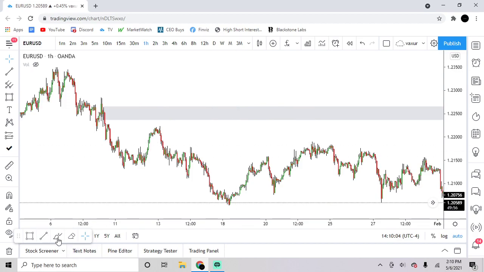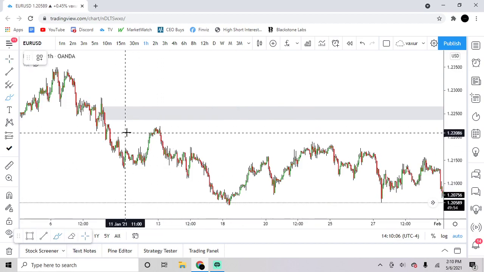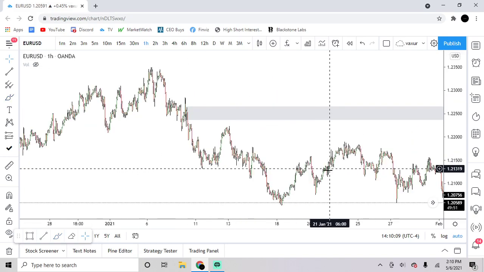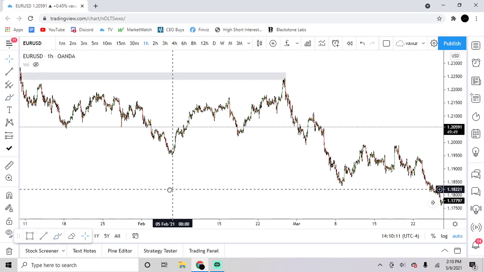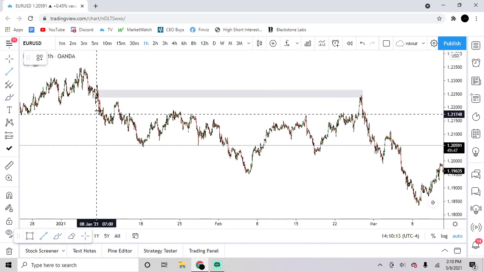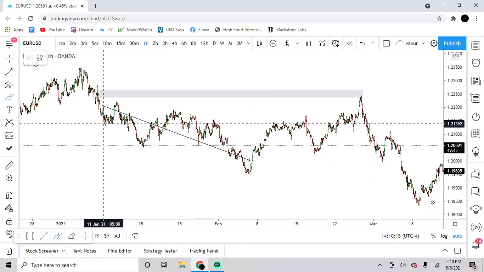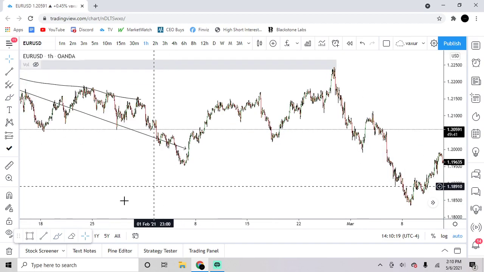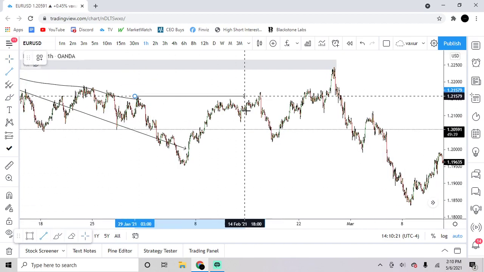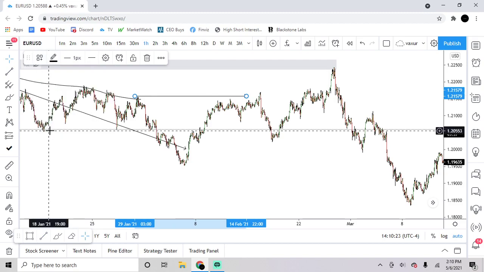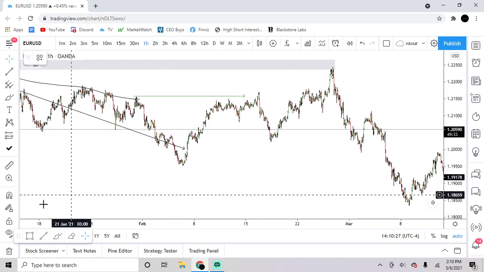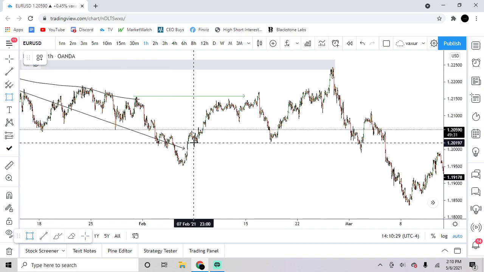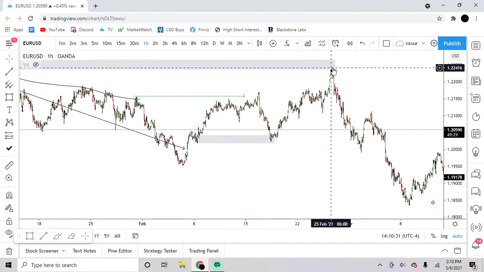Price still has this. Remember, the expansion is mainly used as liquidity. So this would be the expansion here, and all these highs in here are the liquidity. Now, you can say that this high was broken to the upside, and you can 100% trade this as a buy and trade it up.